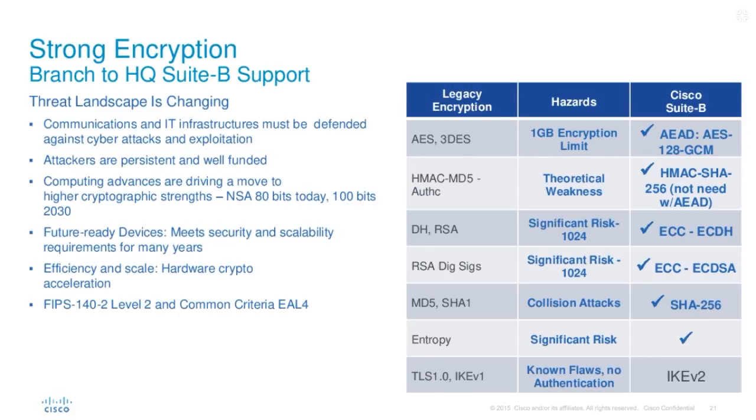You actually have to look at the entire crypto suite and make sure that all of the components that make up that crypto suite are up to speed and will last into the future. Because folks are deploying platforms that they want to be able to run for many years.